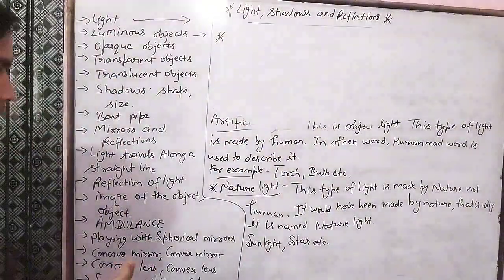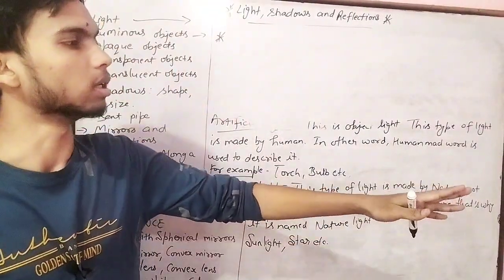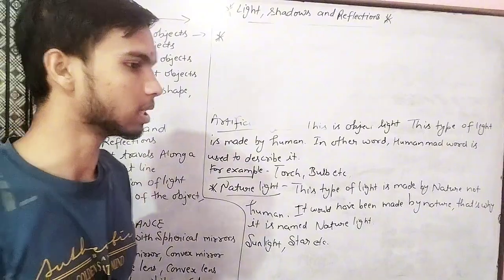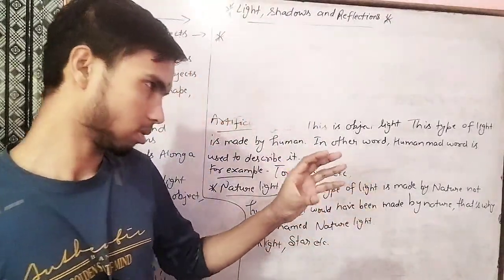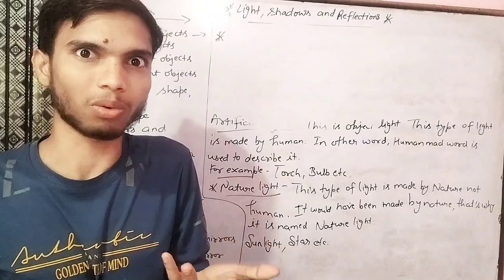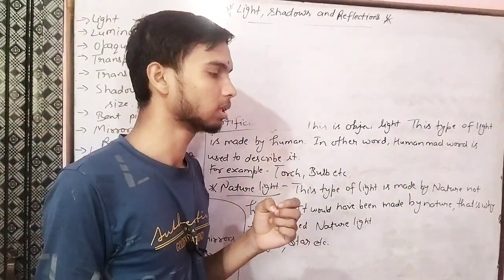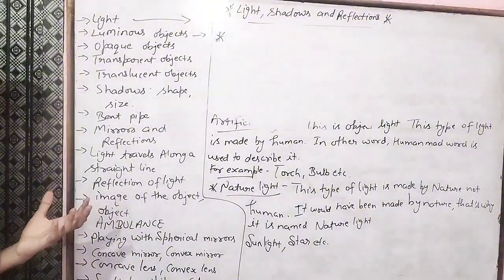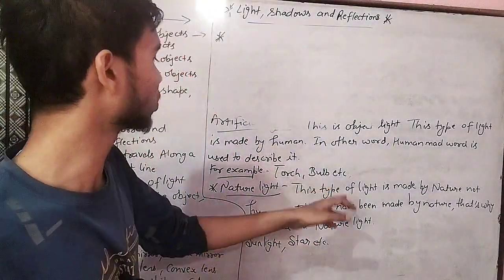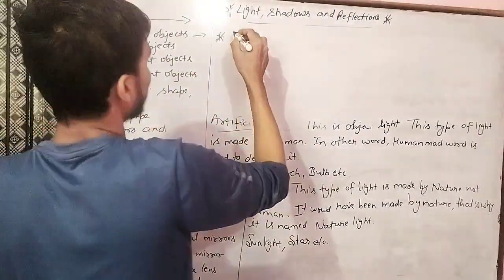So torch, bulb, electric bulb, and also battery bulb, electric cell bulb. Moon? No. Moon will not be defined as a luminous object. Clear? So sunlight, star, torch, bulb, these are examples of luminous objects.